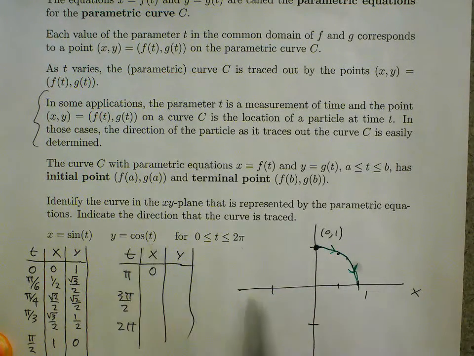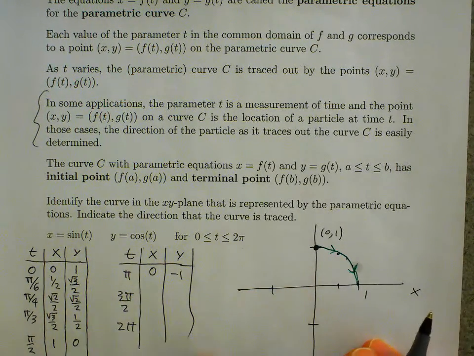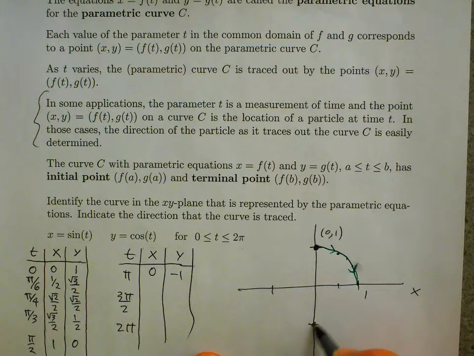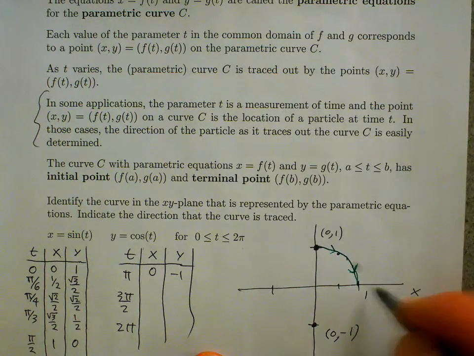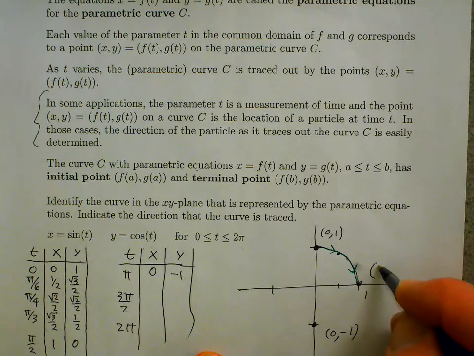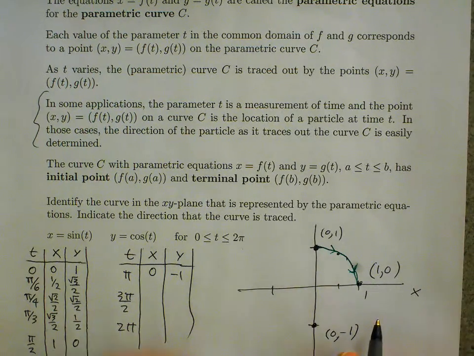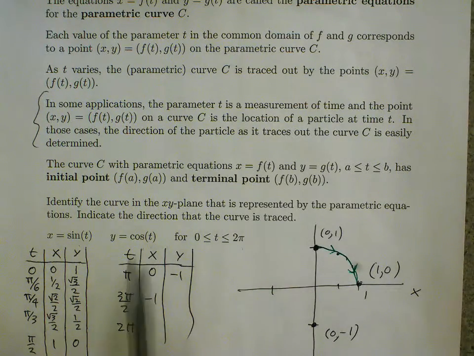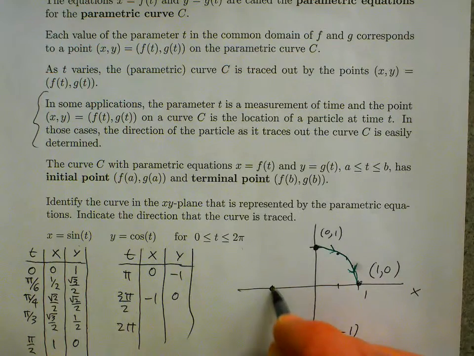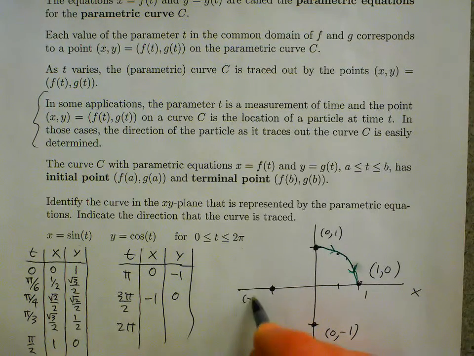Cosine of pi is -1. So we're down here at 0, -1. This point is 1, 0. 3 pi over 2, sine of 3 pi over 2 is -1, and cosine of 3 pi over 2 is 0. So that gets us to that point, -1, 0.